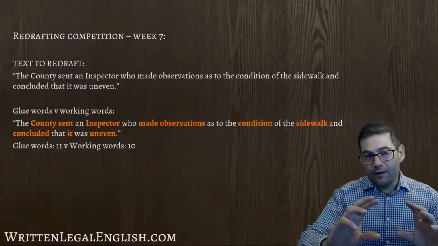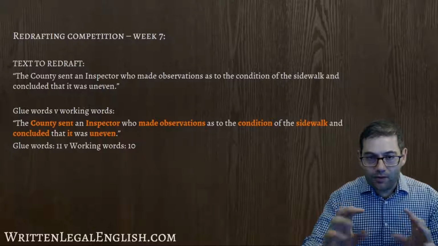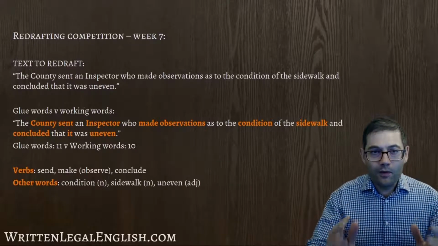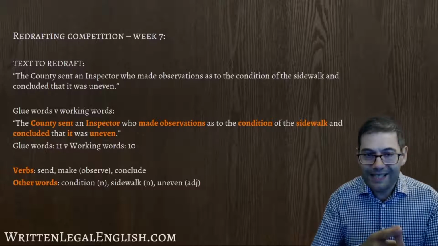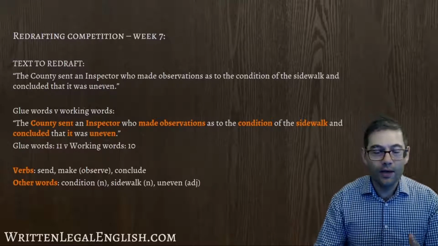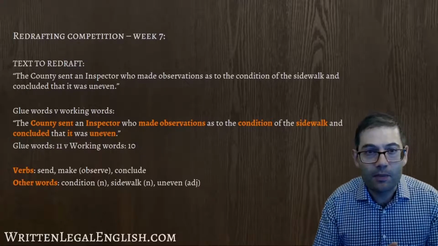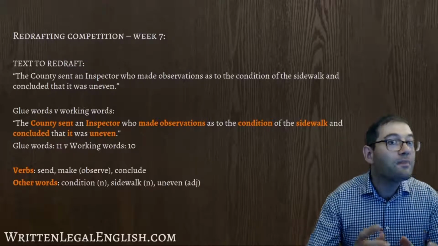Okay, so now that we've identified those words, let's look at them in a little more detail. We've got some verbs: send, make, and conclude. I've put observe in brackets because observations is a nominalization and it might be hiding a verb.